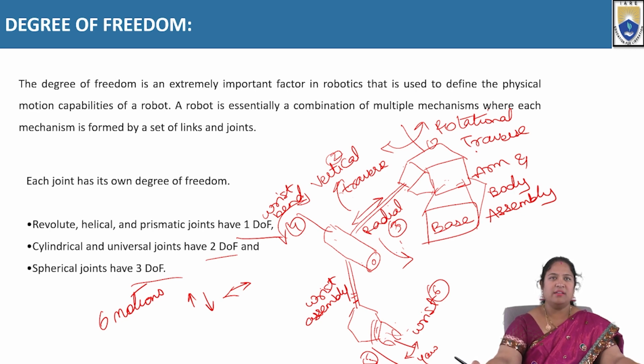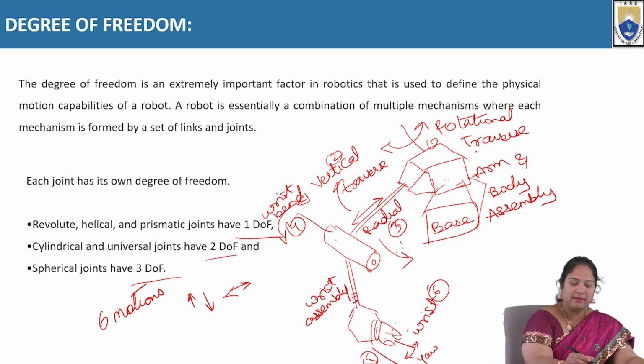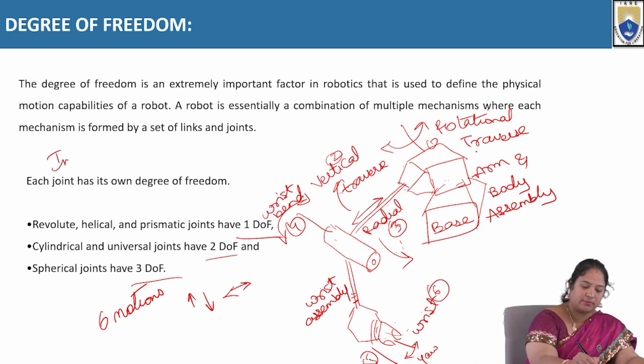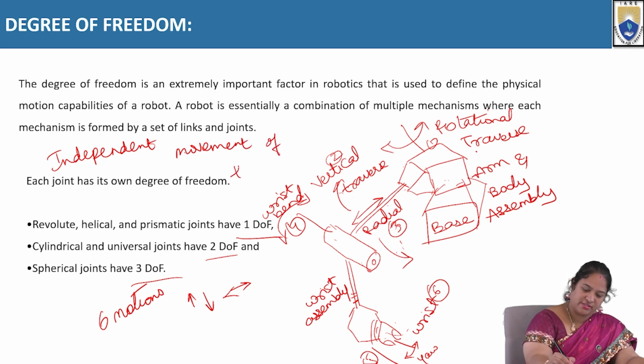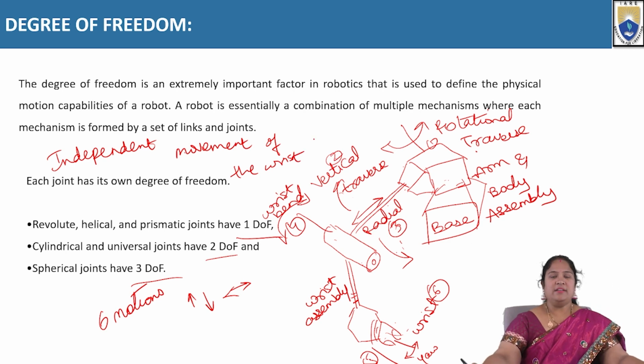Clear? Understood? That is, the degree of freedom is nothing but an independent movement of the wrist, right?